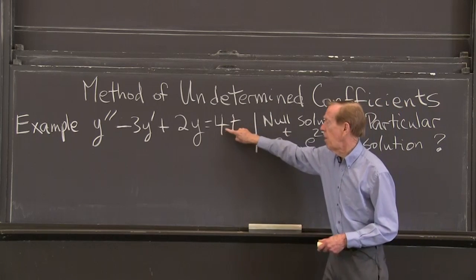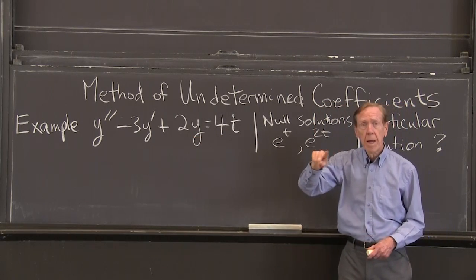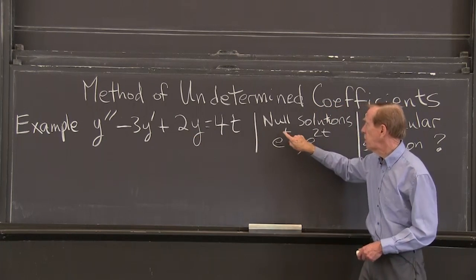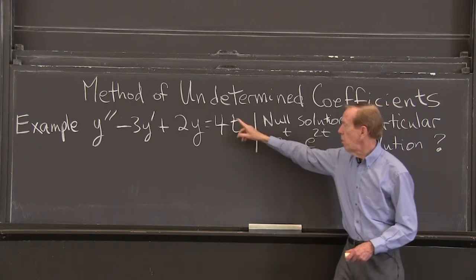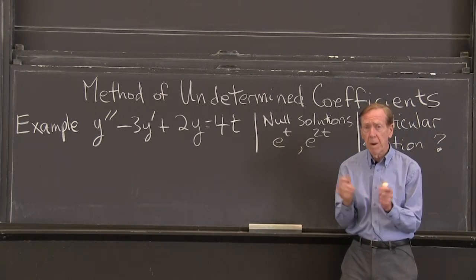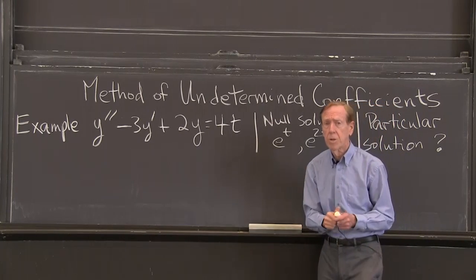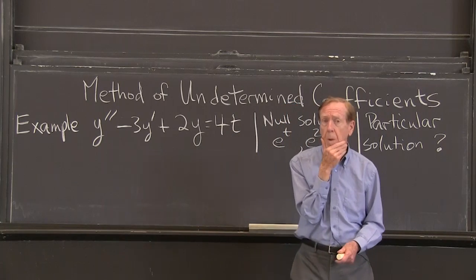That's when this is 0. Then I just look for e to the st, and I find s could be 1 or s could be 2. Those are two solutions with right side 0. So we can match initial conditions, but we need a particular solution. And that's where this one is especially simple.